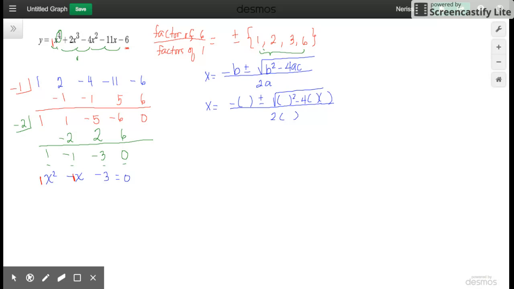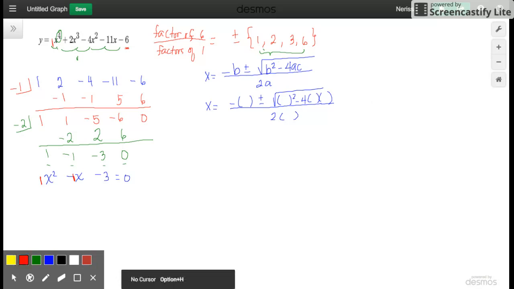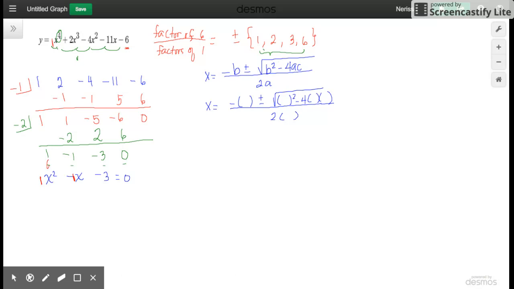Okay, so here's the quadratic formula, and let's plug in the values for a, b, and c. This is your a, this is the b, and this is c. So we plug them in here. So b is negative 1, so negative b is 1, 1 for a, and negative 3 for c.